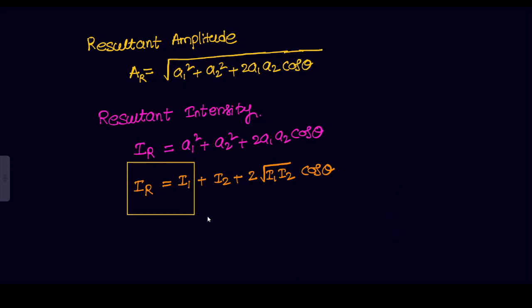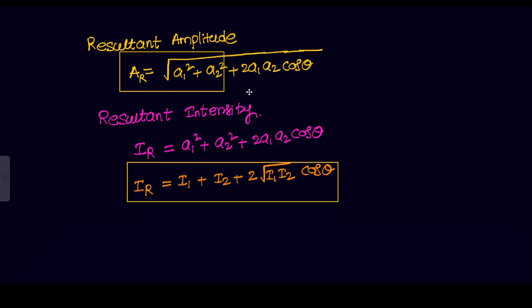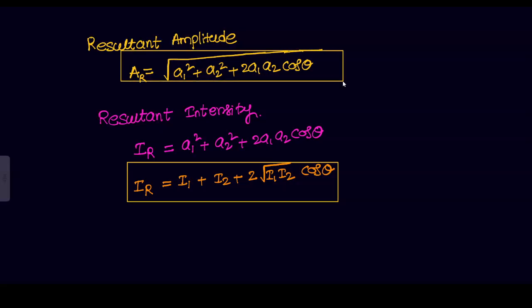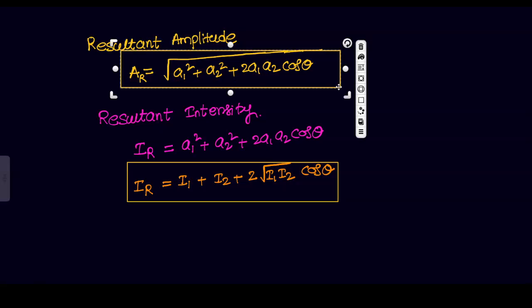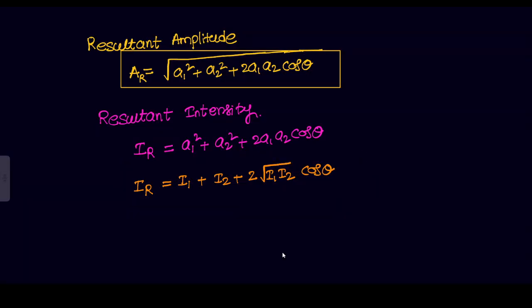These two formulas are very important, so try to remember them: the resultant amplitude and the resultant intensity. Here, for the cos theta term, no root, remember.